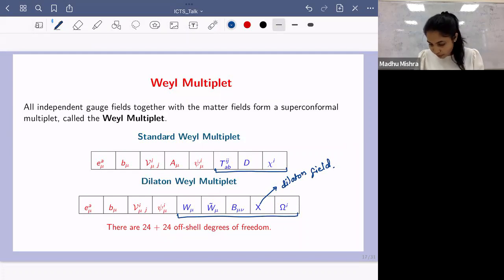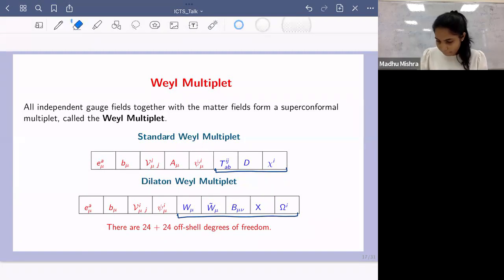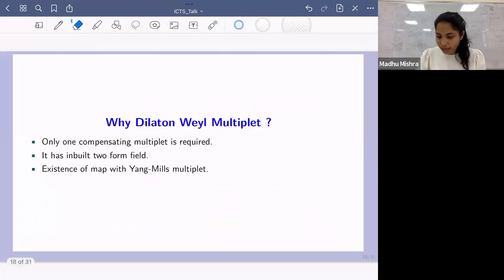And we want to use the dilaton Weyl multiplet for our construction. And why the dilaton Weyl multiplet? Because if you work with the dilaton Weyl multiplet, we only need one compensating multiplet to go from conformal theory to Poincare theory.